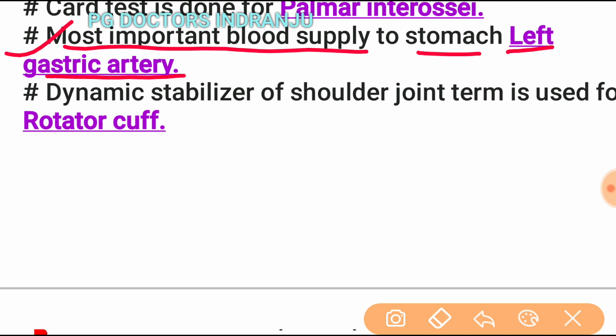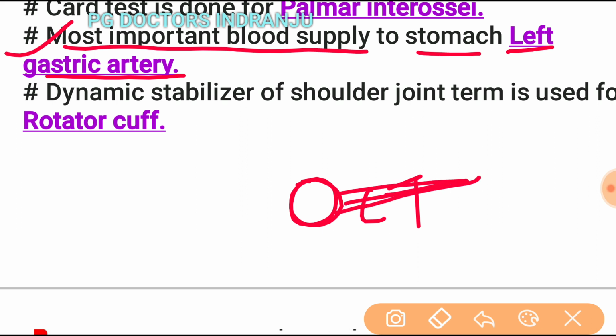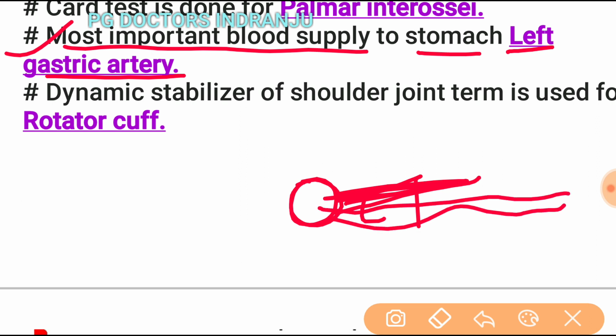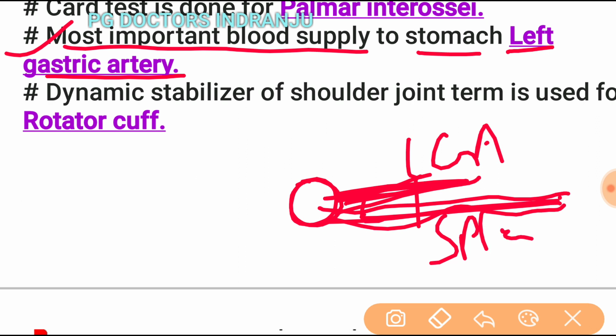This is the celiac trunk where three arteries arise. First is the left gastric artery, another is the splenic artery, and another is the common hepatic artery. Of these three branches from the celiac trunk, the left gastric artery is the major artery which supplies the stomach.